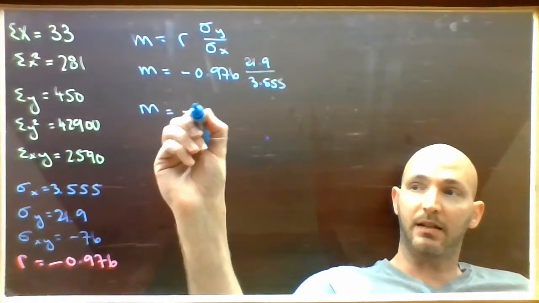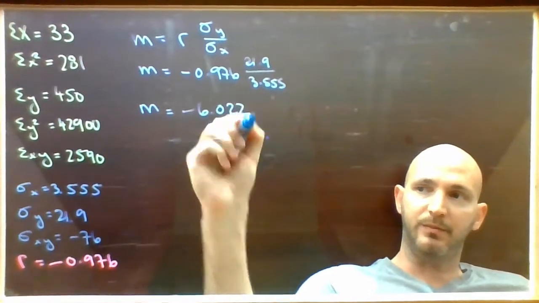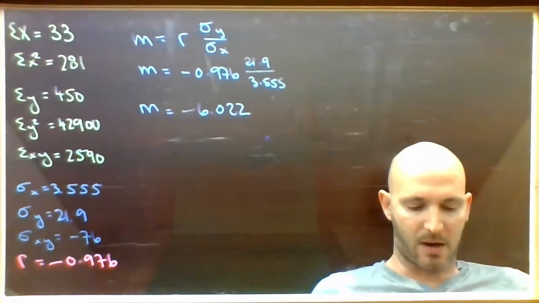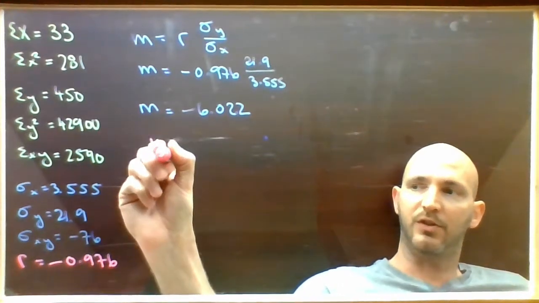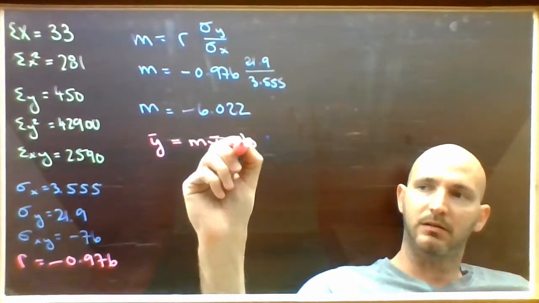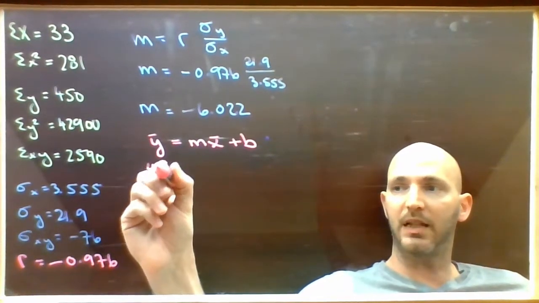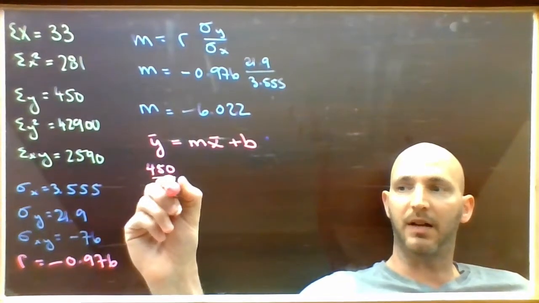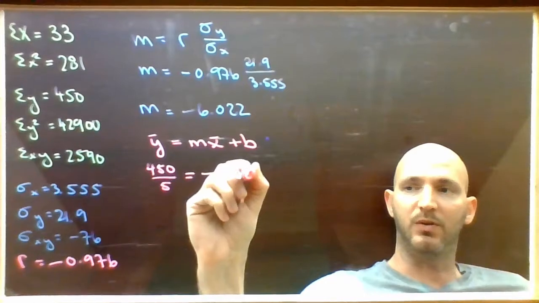This means negative 6.022, and if I drop those numbers into my equation for a generic line, then I have an average y being 450 divided by 5, that would be 90. My slope is negative 6.022.